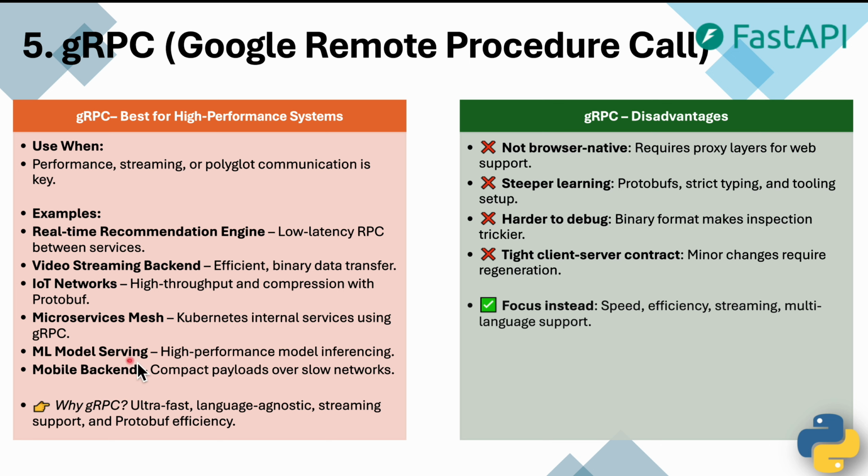ML model serving: high performance model inferencing with gRPC. Mobile backend: compact payloads over slow networks. If your network is slow, gRPC will still be beneficial for fetching data on mobile. So a mobile backend can be a gRPC API.